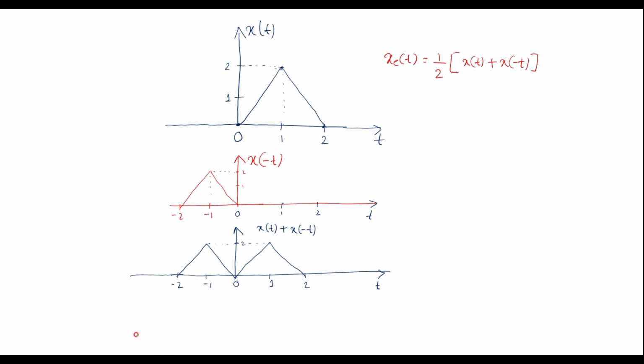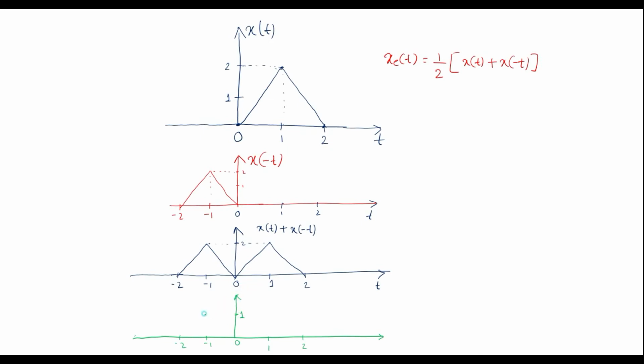So now the same signal will appear. Say this is 0, this is 1, this is 2, and here we have minus 1, minus 2. The amplitude of this signal is 2. Now this amplitude will become 1.